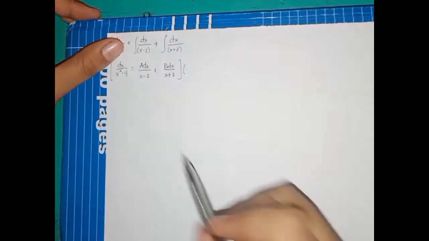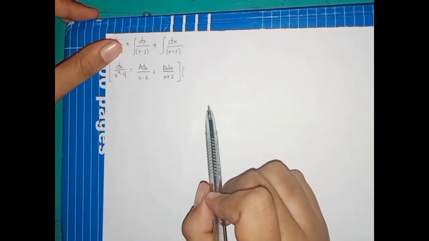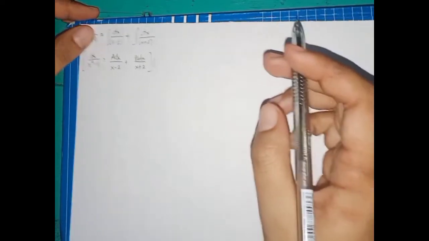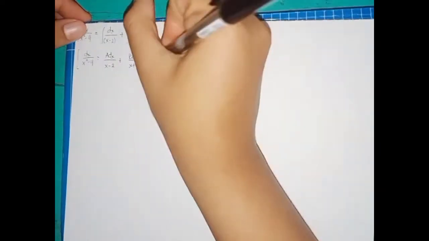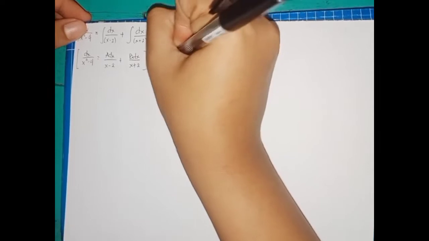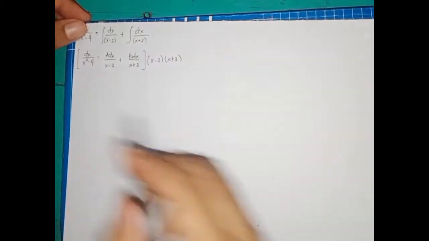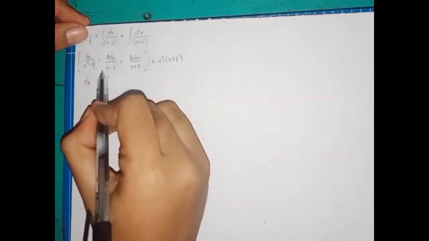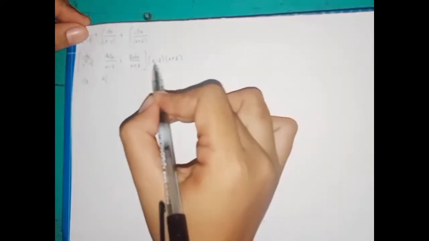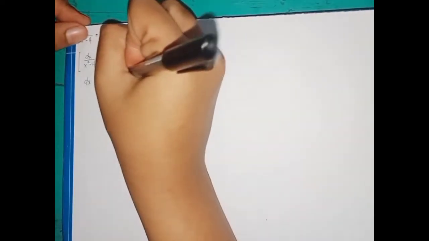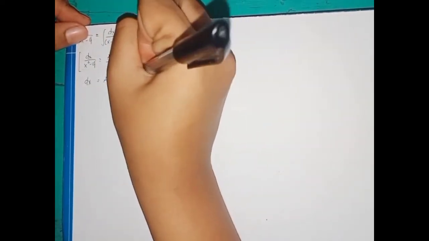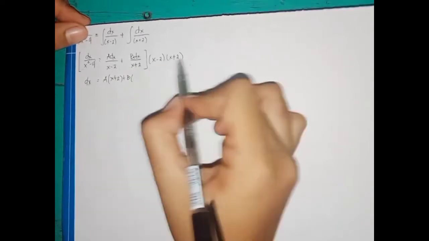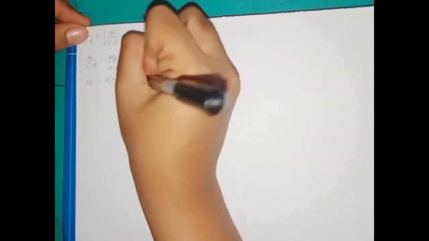So we will write this so that we can cancel. With x minus 2 and x plus 2, this will be cancelled out, so what remains is dx equals A times the quantity x plus 2. For the B, this one will be cancelled, so what remains is x minus 2.